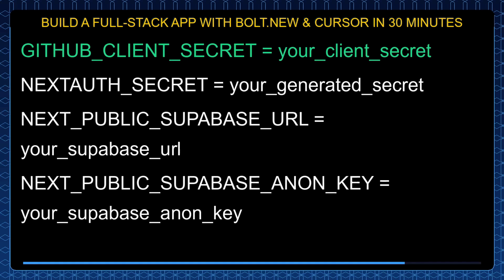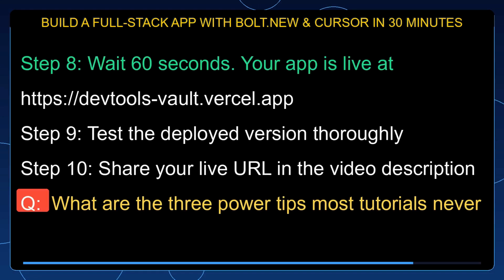Step 7. Click Deploy. Step 8. Wait 60 seconds. Your app is live at devtools-vault.vercel.app. Step 9. Test the deployed version thoroughly. Step 10. Share your live URL in the video description.